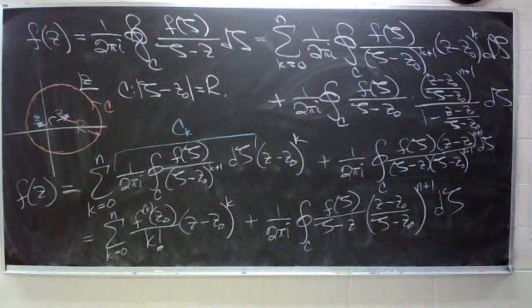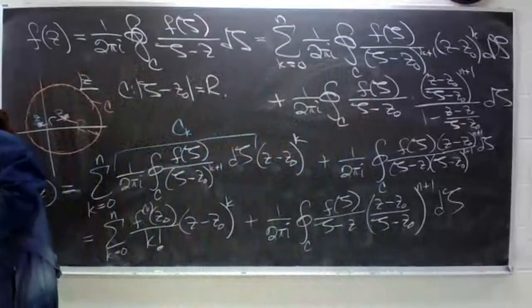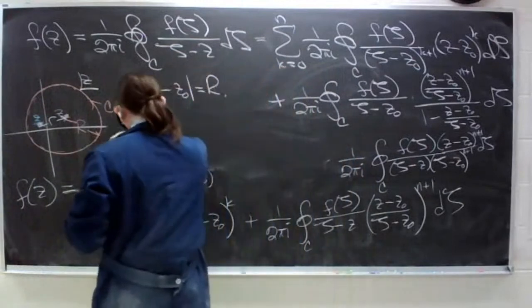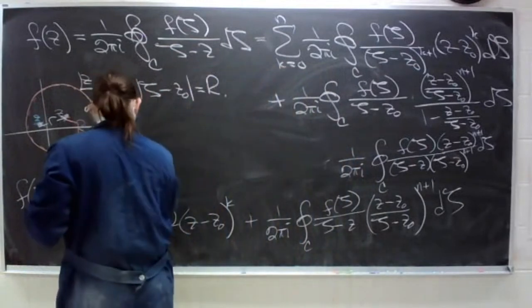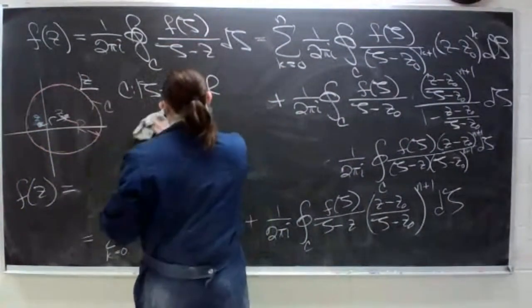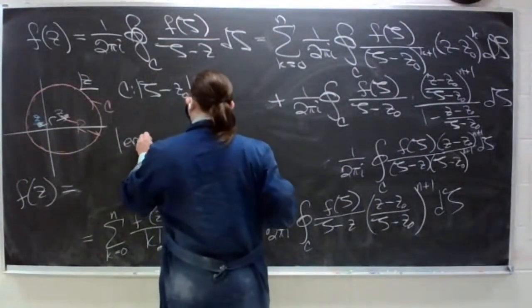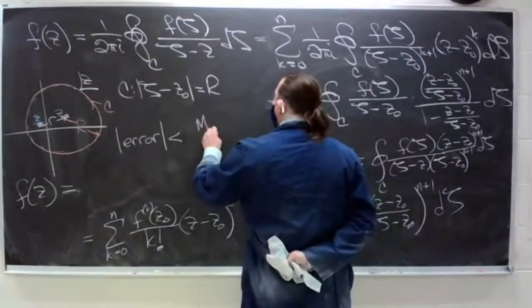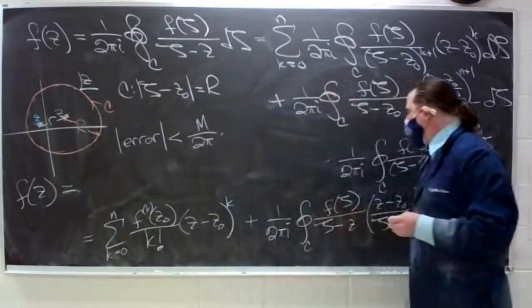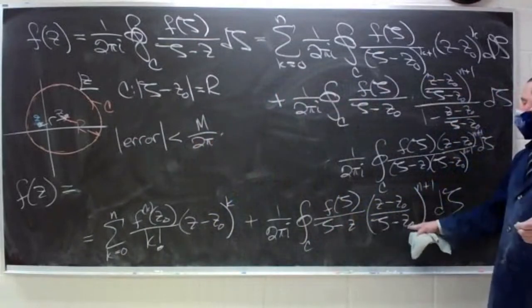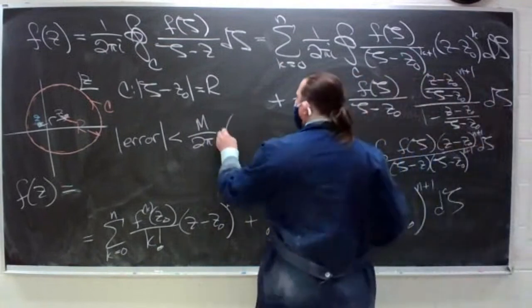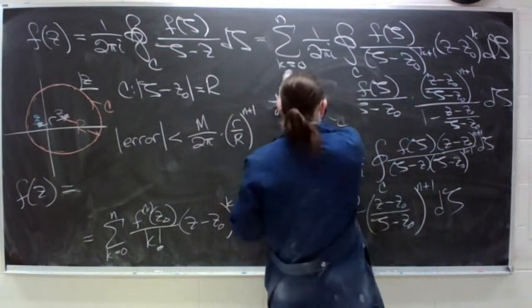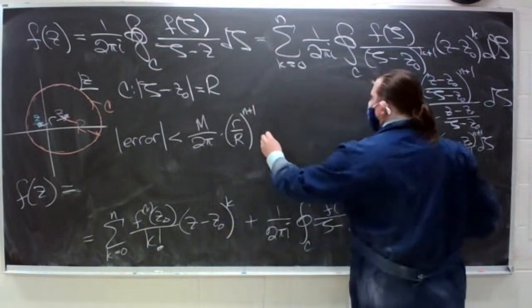All right, so the error in modulus is less than M over 2 pi, and then I've got r over capital R to the n plus 1.